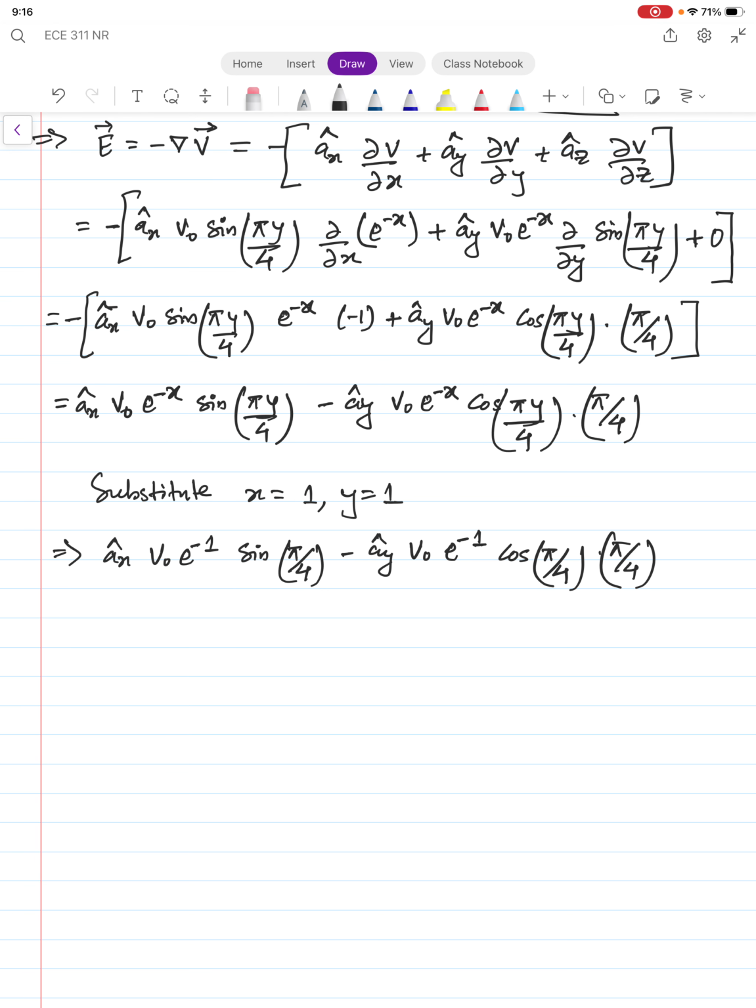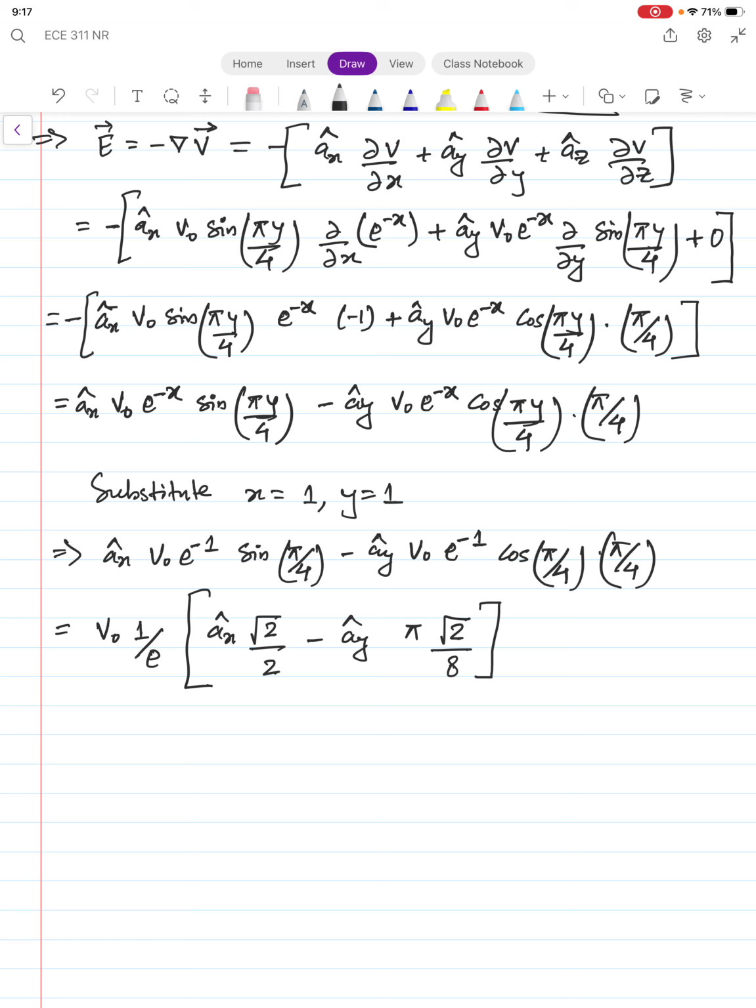Okay, so that is our solution, and let me rewrite that in this form. e raised to the power -1 is 1 by e, and we get a_x hat, sine pi by 4 is root 2 by 2, negative a_y hat, and we get pi root 2 by 2, but times 4 is 8.